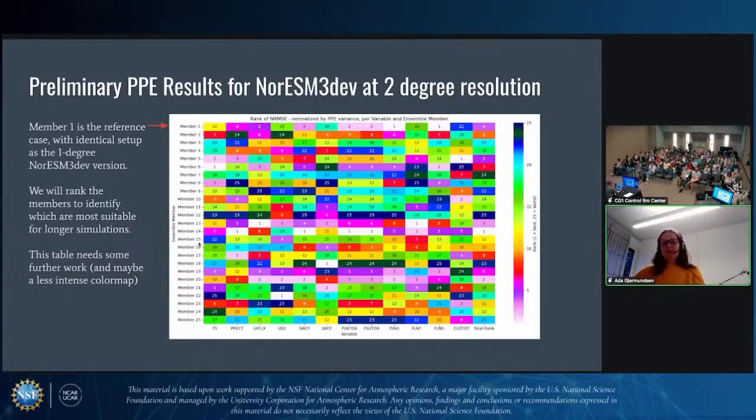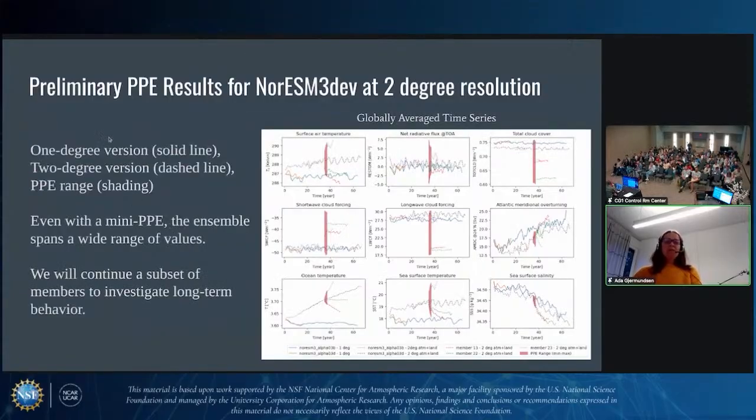So if a member is doing very well on precipitation, for instance, it's good if it's not doing as well on other variables, so they rank differently across the different variables. But from this, we picked 4 members, which we continued.